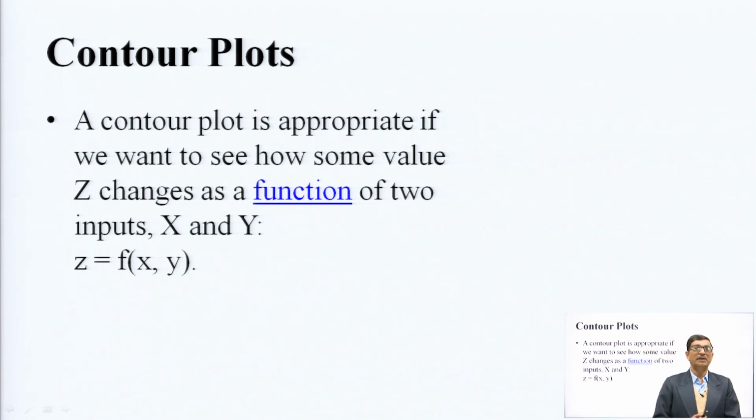It can be written as z equal to f of x, y. So, it shows how the value of the response variable z changes with the values of x and y through a relation or a function.